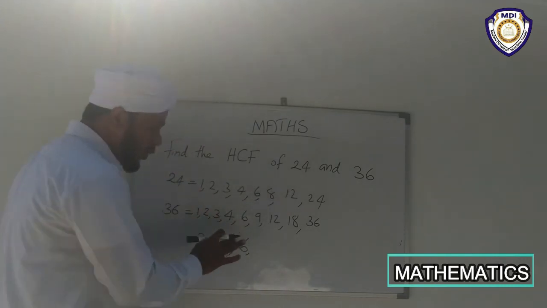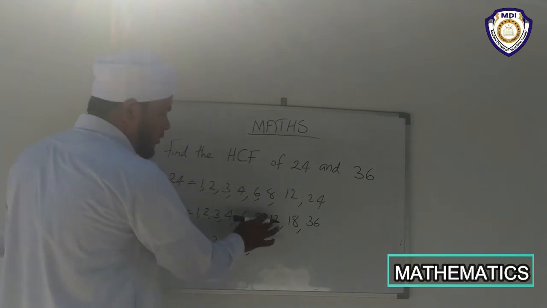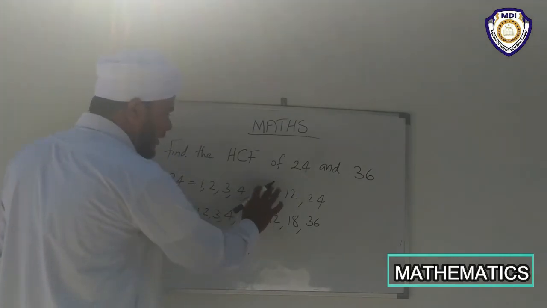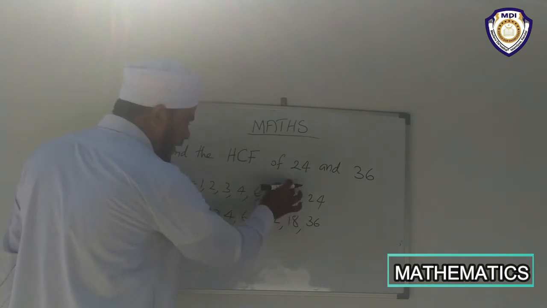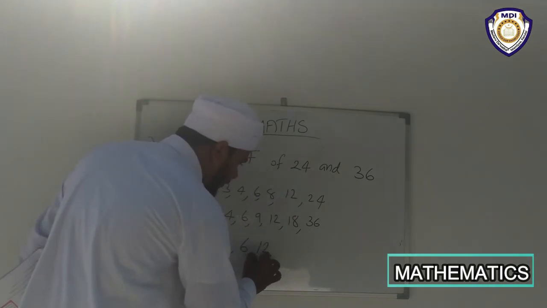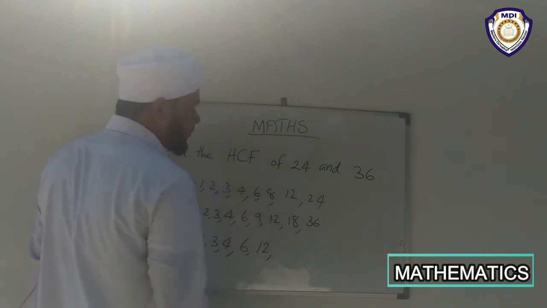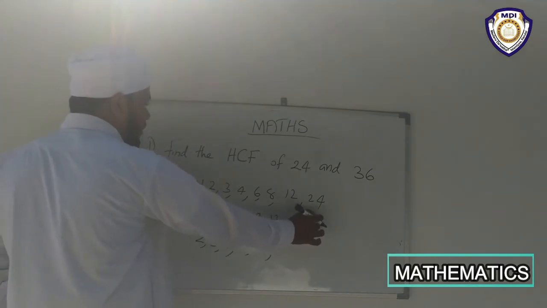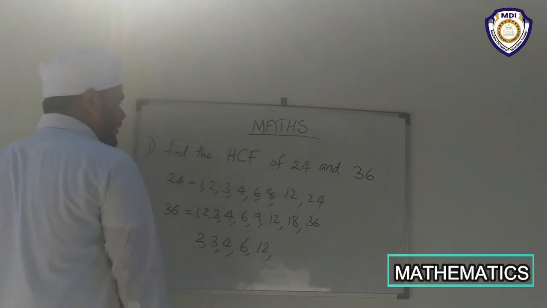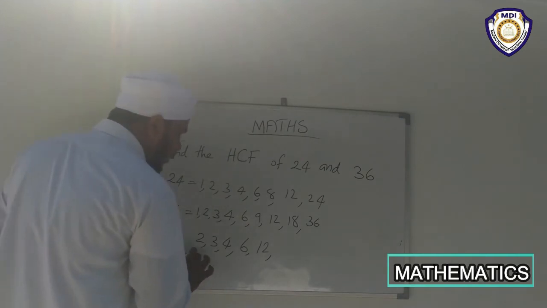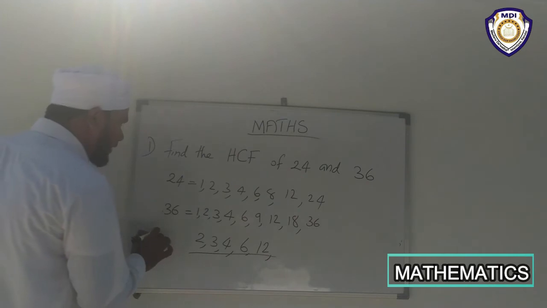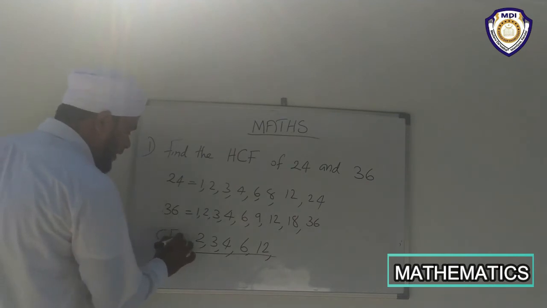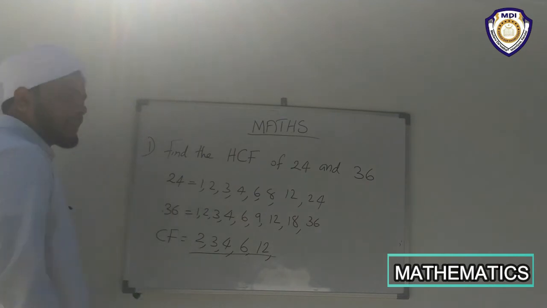Then 9 is not a common factor. 8, there is no 8. Then 8 is not a common factor. 12, 12 is a common factor because here and here 12 is present. Then 18, there is no 18. 36, there is no 36 in the factors of 24. Okay, these are the common factors, the CF.